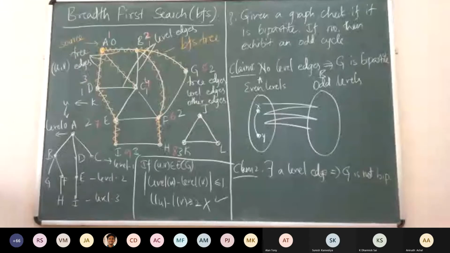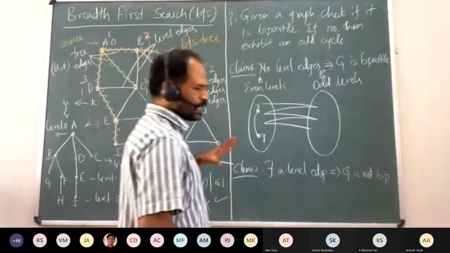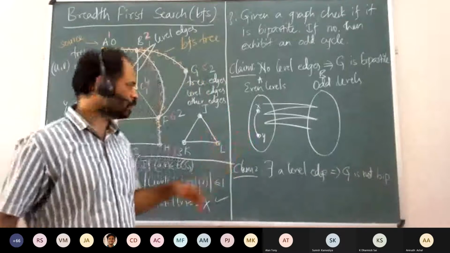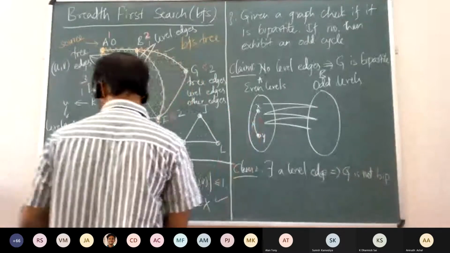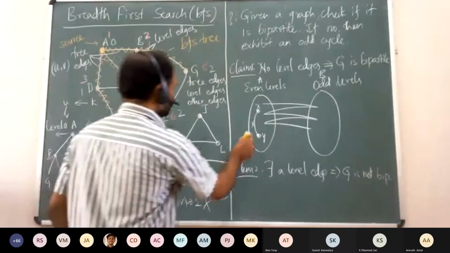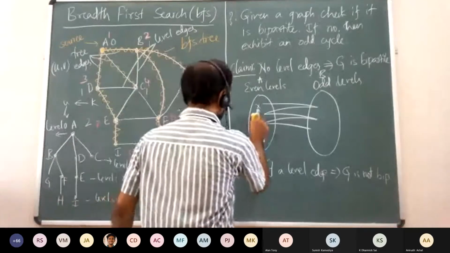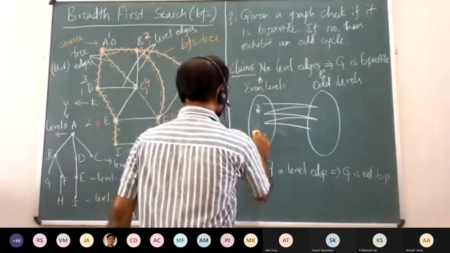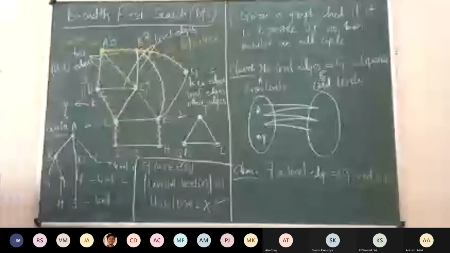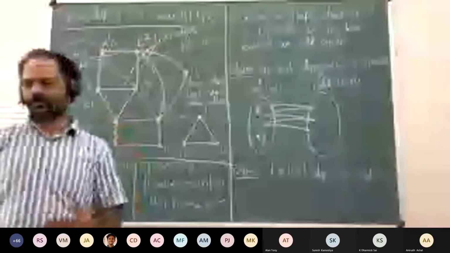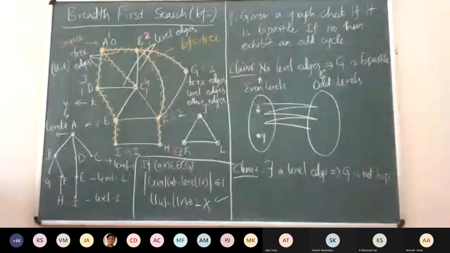There can never be an edge between two vertices whose levels differ by at least 2. So such an edge is not possible, which proves that once there are no level edges, that level forms an independent set.